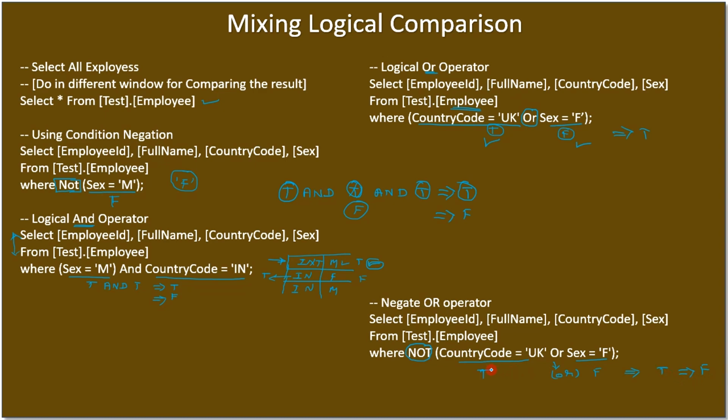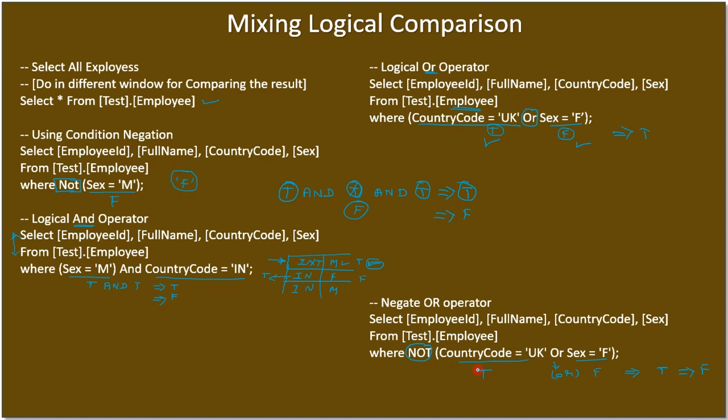In that case, if you read it like this, where either country code should be UK or sex should be female, not means the reading will go in a negative direction, like where country code should not be UK as well as sex should not be female, right? So that's the use of not operator here.